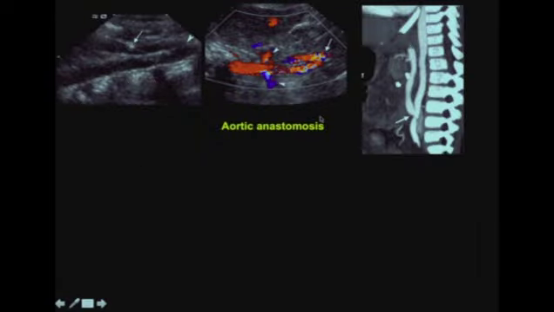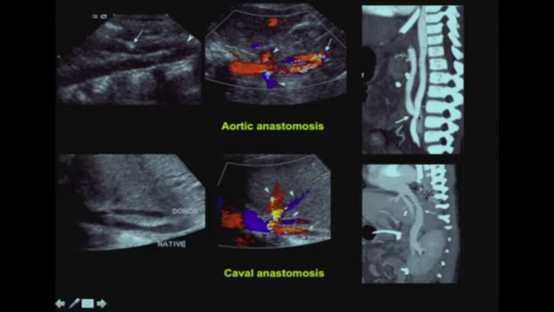Here are some images of the aortic anastomosis. We see the recipient aorta and then the donor aorta here. Here we see it again with color and also on this sagittal CTA, the recipient and the donor aorta anastomose at this point.